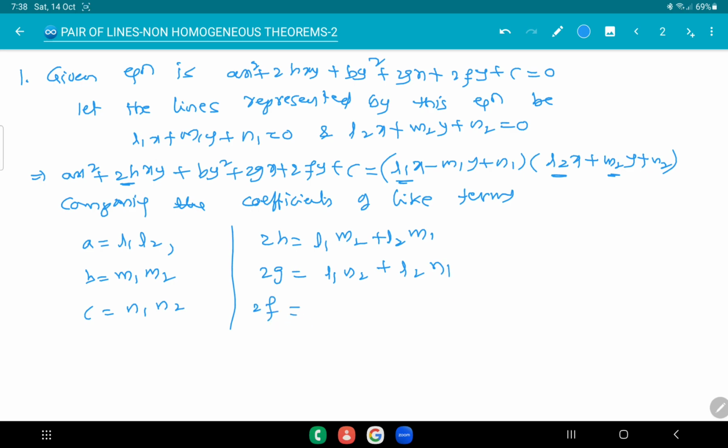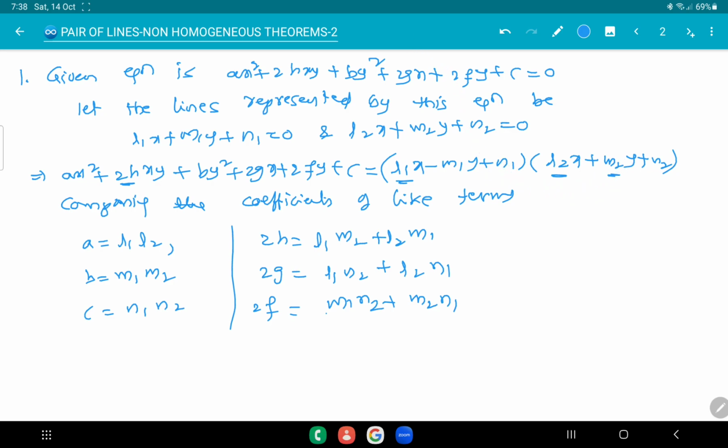Similarly, 2f is the quotient of y, obtained by multiplying M1 with N2 and M2 with N1, so M1 N2 plus M2 N1. You have to remember this. That gives the quotient of y. Understood?